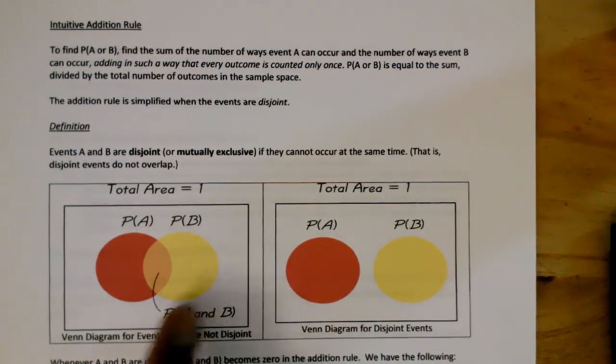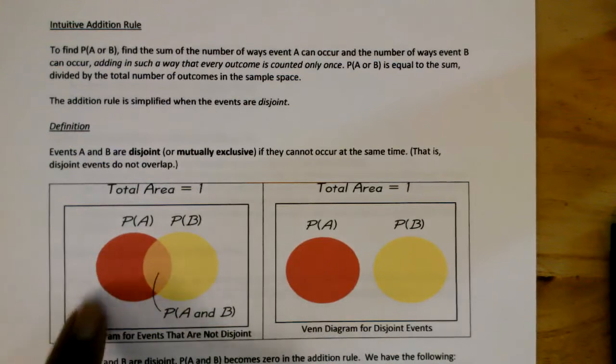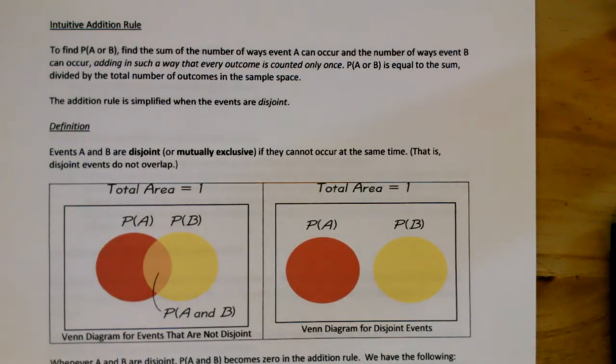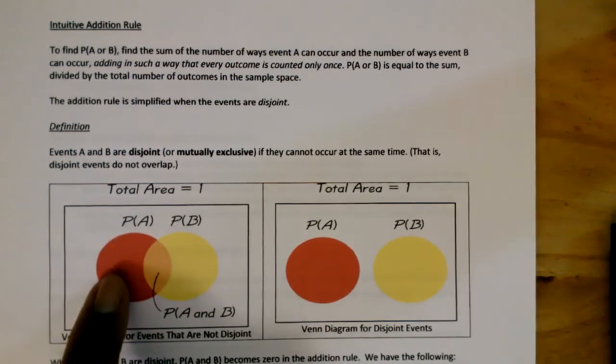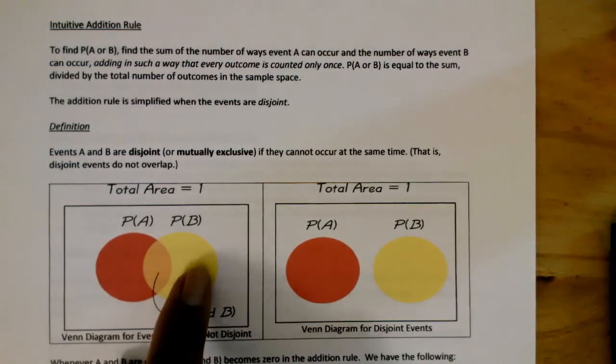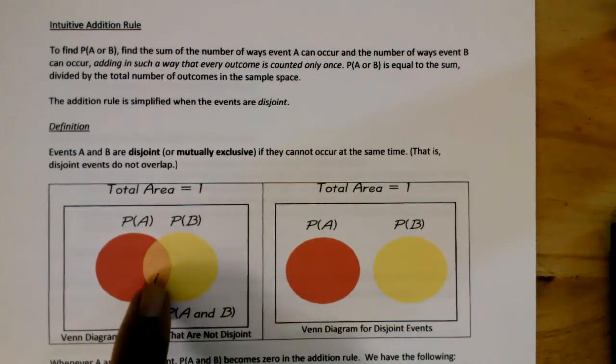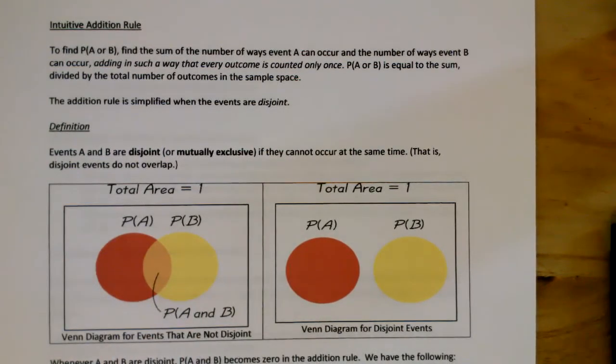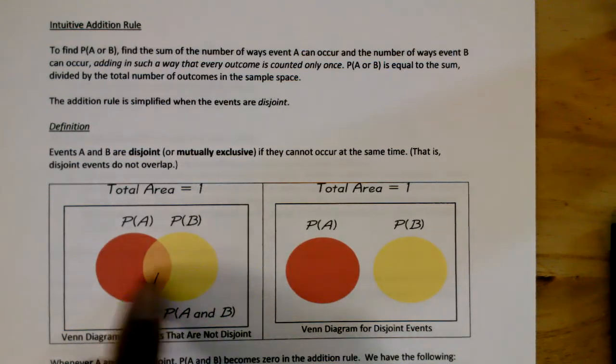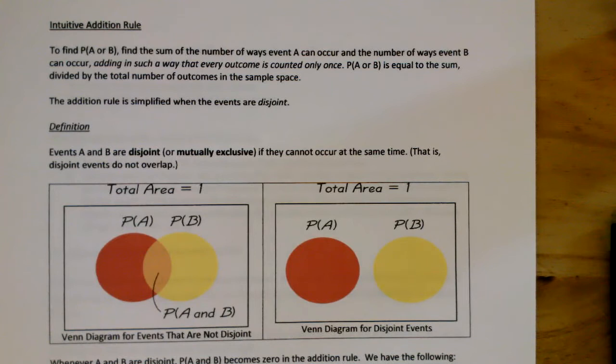In this case, if you look at the illustration on the left side, you see a Venn diagram for events that are not disjoint. Okay, the red circle is probability of event A. The yellow circle is the probability of event B. If you look at the intersection of the yellow and the red, you'll see the probability of A and B. That is not disjoint because there is an overlap in those two probabilities.